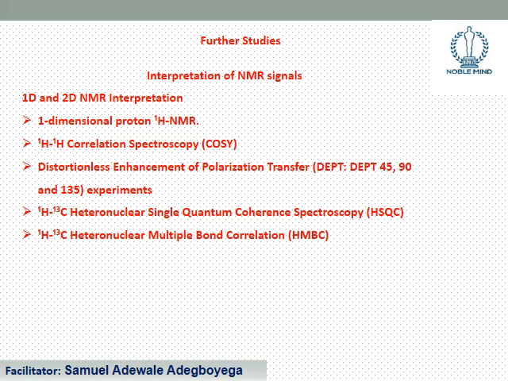In future studies you may be reading about 1D and 2D NMR, part of which we have discussed. We have discussed correlation, J constant, environment, important NMR, all of those. But 2D NMR, you may read about.